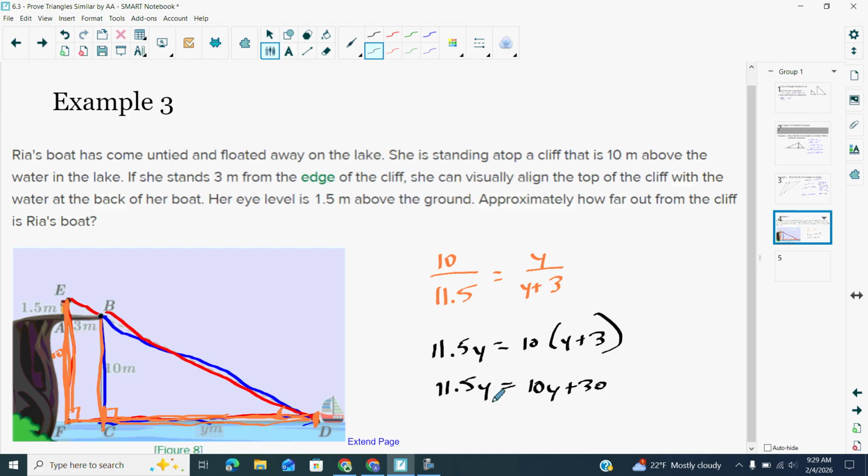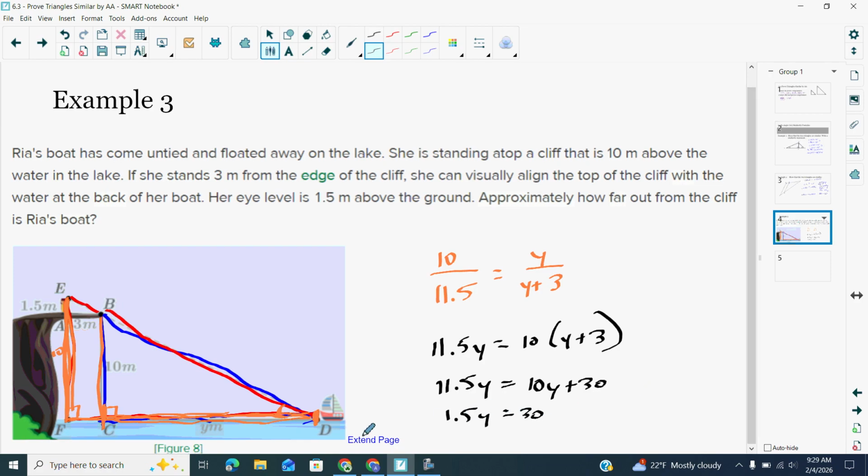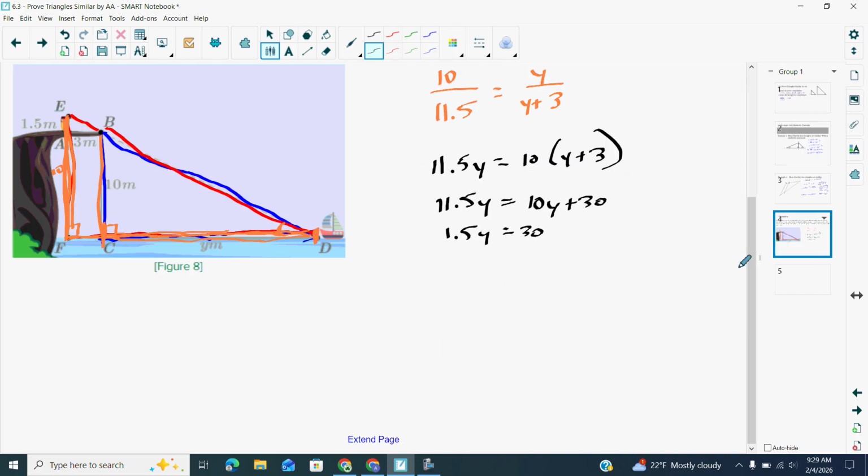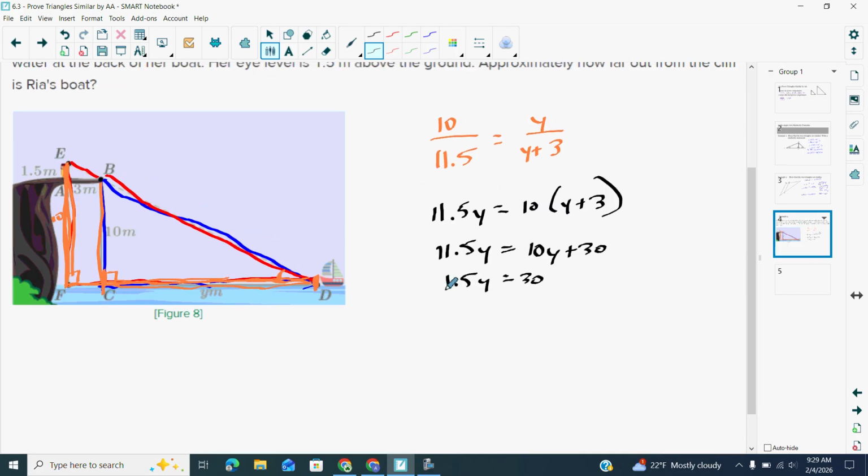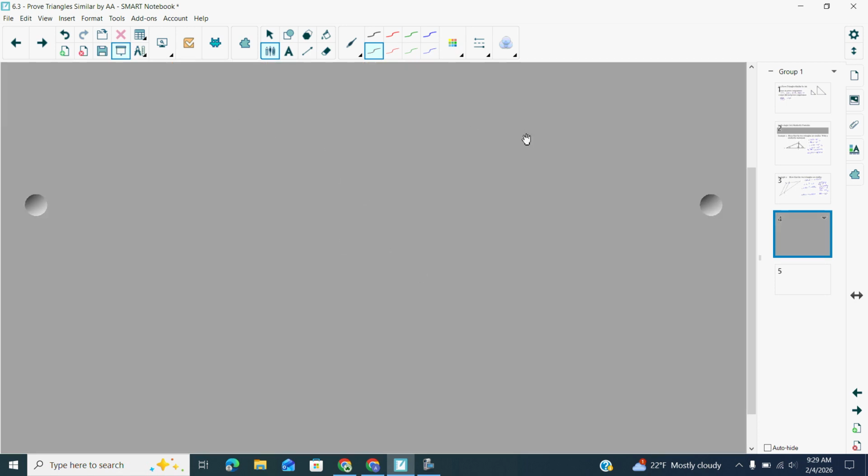Subtract 10y. And divide both sides by 1.5. And you could go with a calculator here. That way would work.